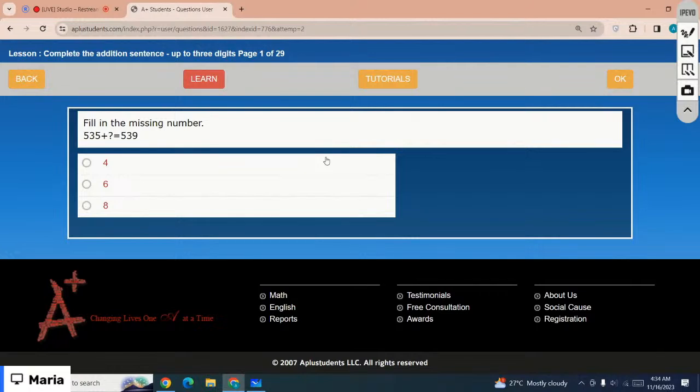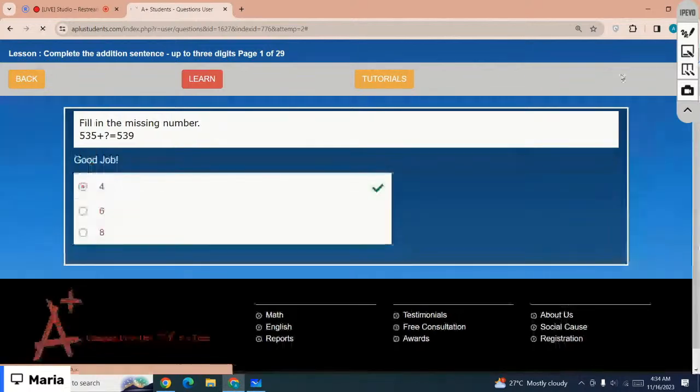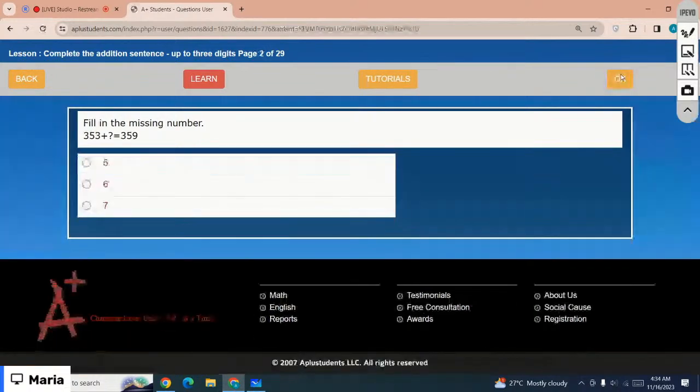That is 535 plus 4 equals 539. You can put them in one by one from the choices given, right? You can find your correct answer.